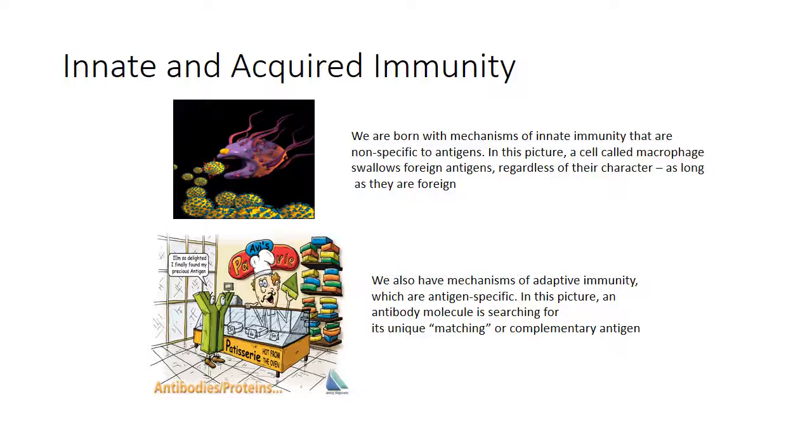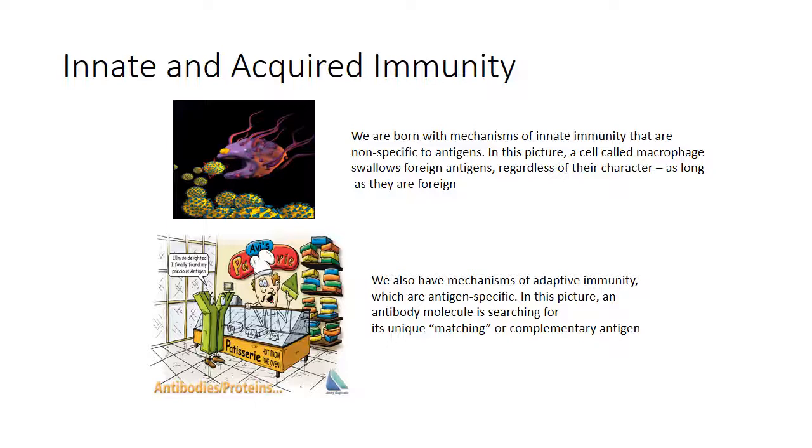Now, the bottom part of this picture, it shows you this green thing that stands in front of the counter. It's shaped like letter Y. It's an antibody. And antibodies are specific. They're part of specific immunity, specific immune responses, specific to particular antigen.